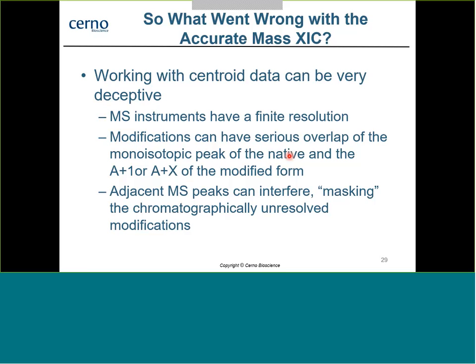And these modifications can have serious overlap of the monoisotopic peak of the native form and of the A+1 or even A+X of the modified forms, as we saw here in the oxidized degradant. And so these adjacent mass spec peaks can interfere. They can mask the chromatographically unresolved modification, even at very high mass accuracy.